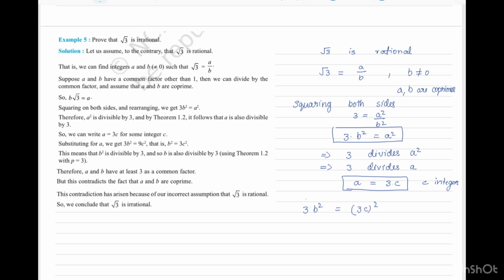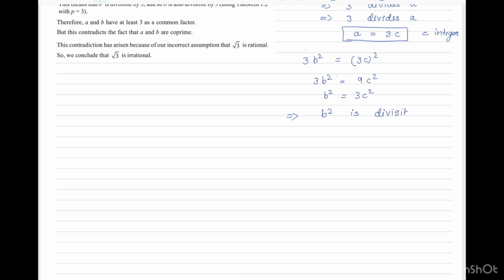In a square, we can substitute the value a is equal to 3c. We get 3b square equal to 3c whole square, that is 3b square equal to 9c square. b square equal to 3c square, which implies b square is divisible by 3, that is 3 divides b square, that implies 3 divides b.